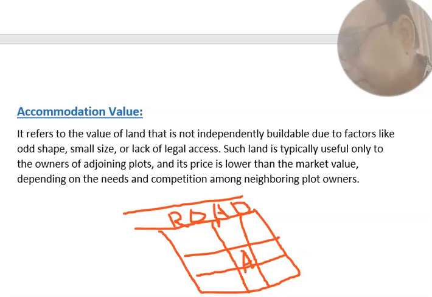Such land is typically useful only to the owner of adjoining plots, and the price is lower than the market value, depending on the needs and competition among the neighboring plot owners. Any neighboring plot owner can purchase the plot, but since he has no access, he will give very little value, sometimes 60-70% reduced value from the market value. That is called accommodation value.